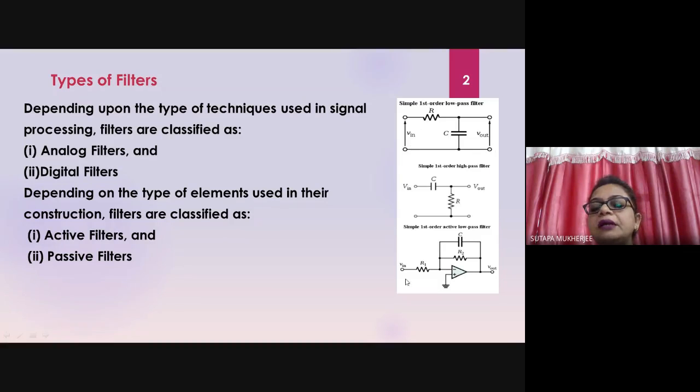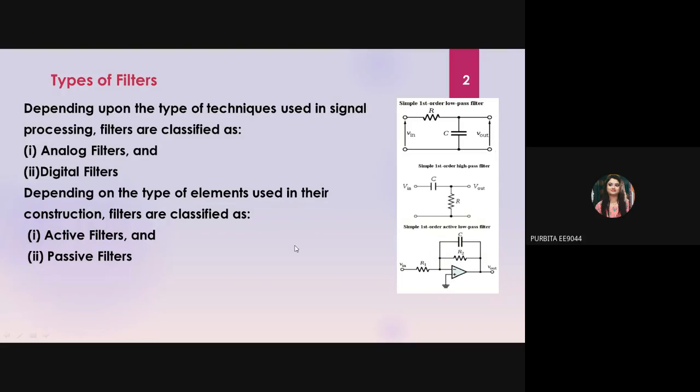From this circuit, I think you are getting an idea regarding the active filter and passive filter. This is an active filter. Why is it called an active filter? Because it has an op-amp. Yes or no?